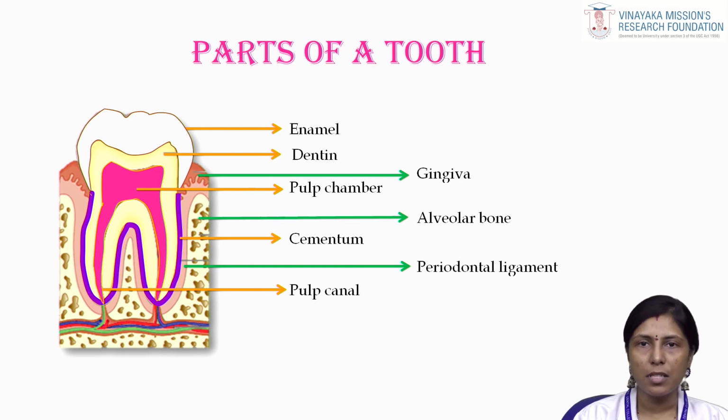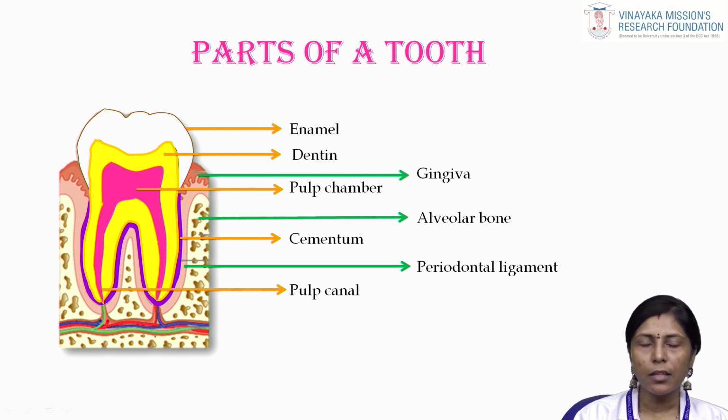Both enamel and cementum are hard tissues. The center portion of the tooth is made up of pulp, which is a soft tissue, and it is the vital tissue of the tooth. Between enamel and the pulp, we have dentin in the crown portion. Likewise, between cementum and pulp, we have dentin in the root portion.